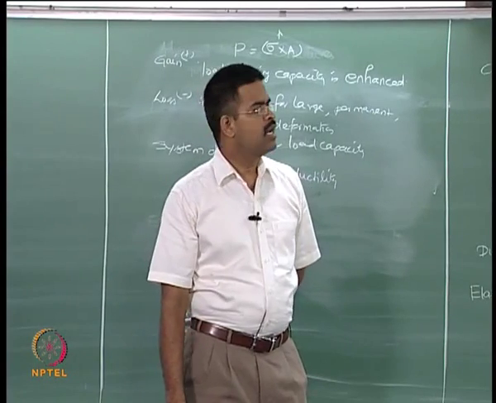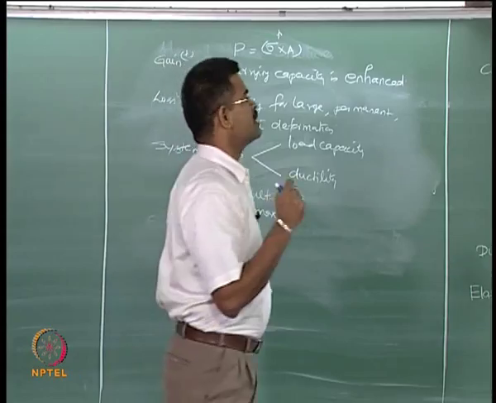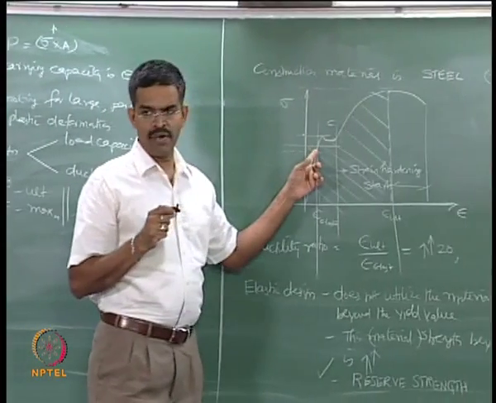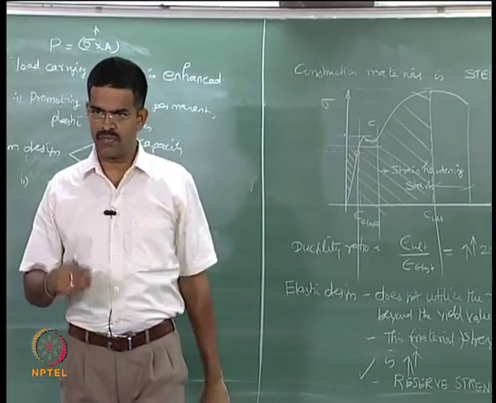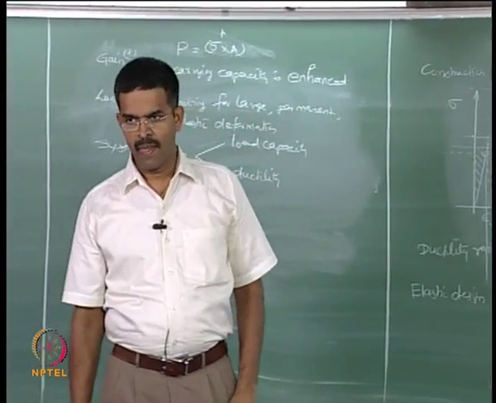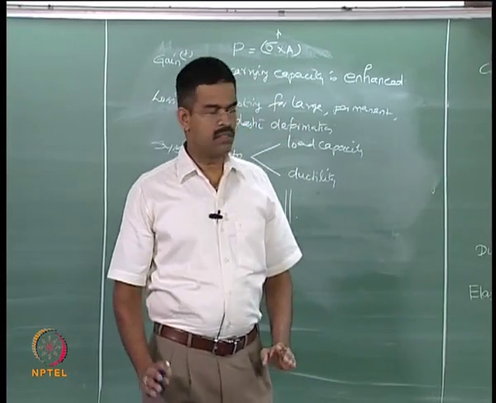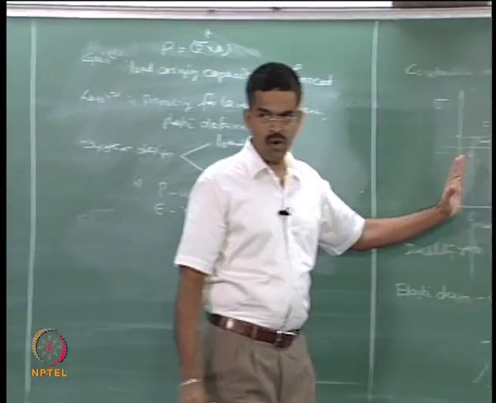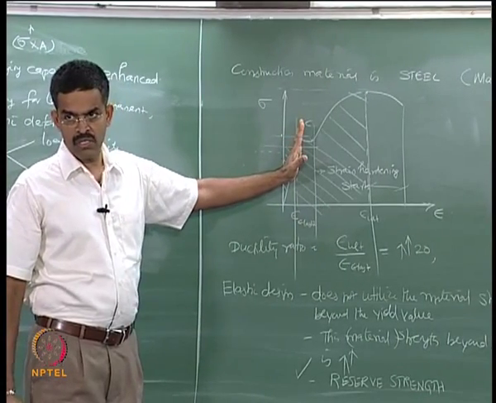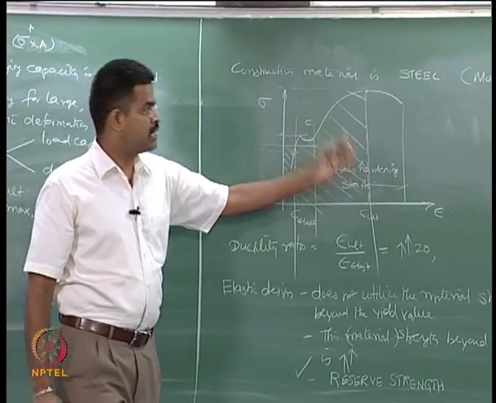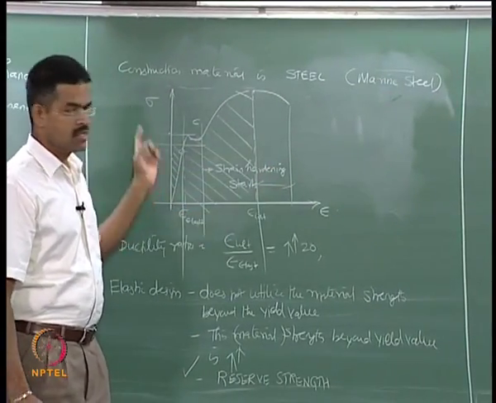Okay. Now, let us look at the justification why I must not consider the first yield point as my terminal value of load capacity. Let us first argue this. Okay. We all are convinced that the load capacity should not terminate at the first yield point, because beyond this point a typical classical marine steel has got very enormous reserve strength.